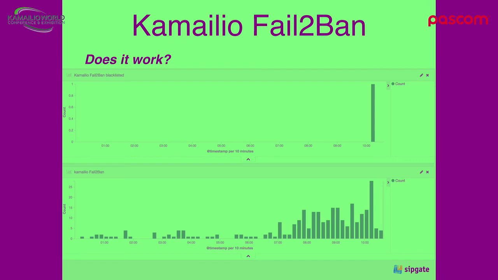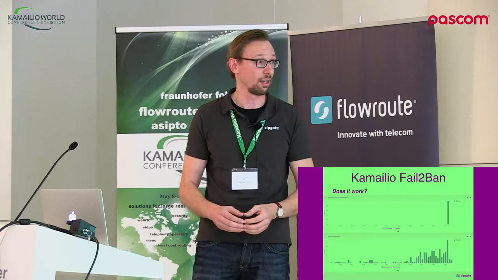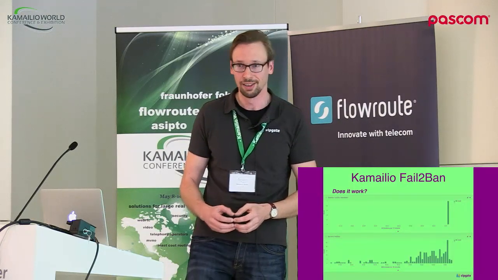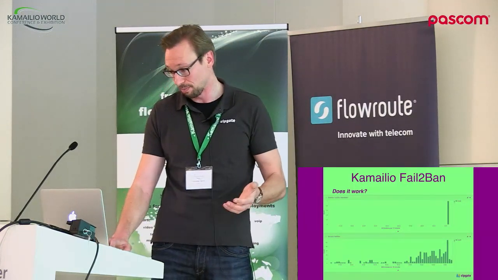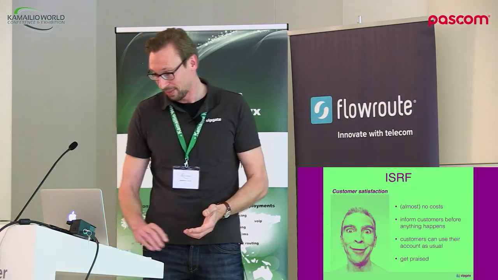And on the top chart, you see he almost immediately got blocked, because after 2 minutes he already had 20 calls that went into our block, and then this IP address was blocked for 2 hours. So that's pretty effective.